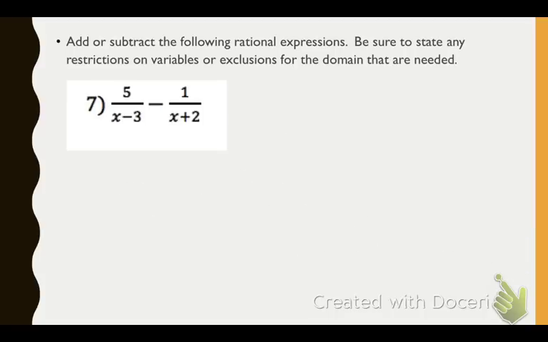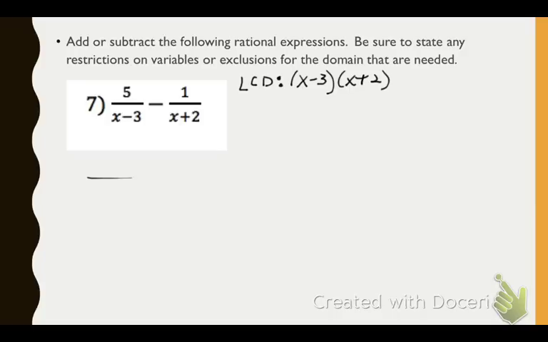Let's continue adding and subtracting by looking at number 7. So we have different denominators, so we need to find a common denominator. I notice that my denominators do not need to be factored, so let's just build our common denominator. From our first rational, we need an x minus 3, and from our second one, we need an x plus 2.